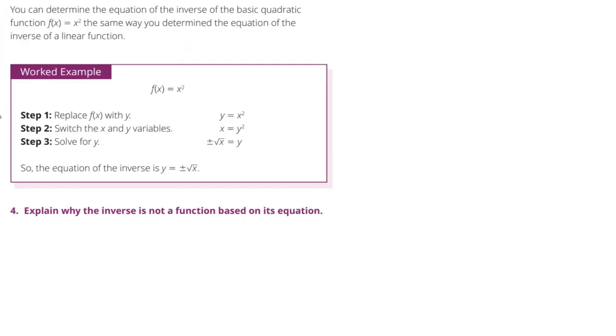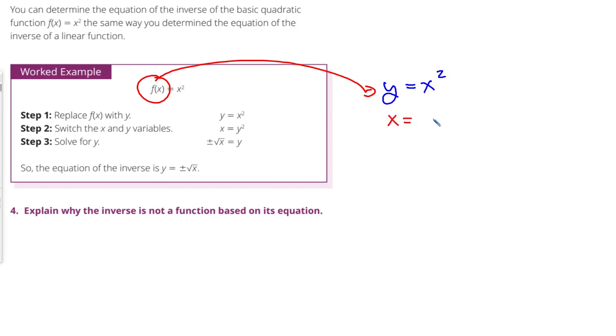And so now let's go through and solve the equation for the new function. So when we're doing this, step 1 is going to replace the f of x with that y. Now we're going to trade locations.